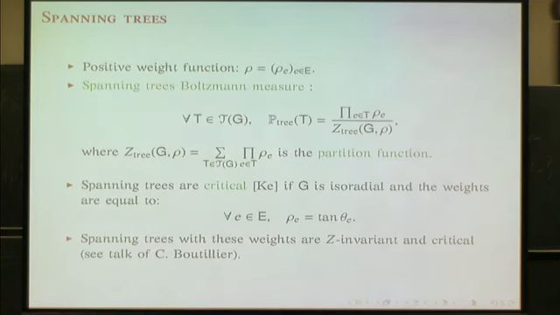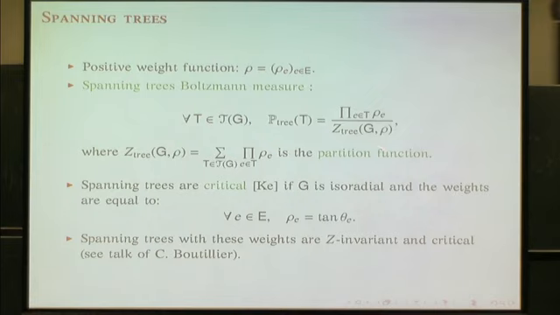And so to make it a model of statistical mechanics, you assign positive weights to edges, and the spanning tree Boltzmann measure is defined as follows. The probability of a tree is proportional to the product over all edges in the tree of the weight of the edge, divided again by a normalizing constant, which is the partition function.